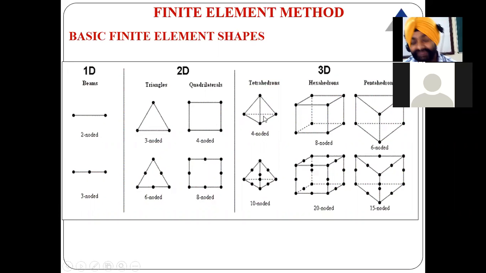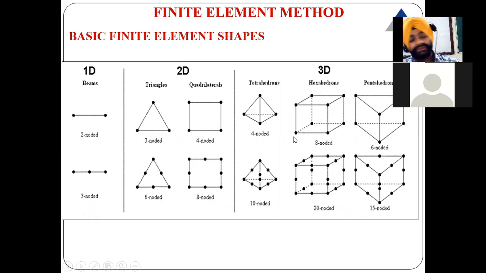Similarly, for 3D figures, a tetrahedron has 4 nodes. You can divide it into 10 nodes also. A 3D figure hexahedron, you can divide into 8 nodes and it can have 20 nodes also. This is a pentahedron having 5 sides, having 6 nodes, and it can have 15 nodes.